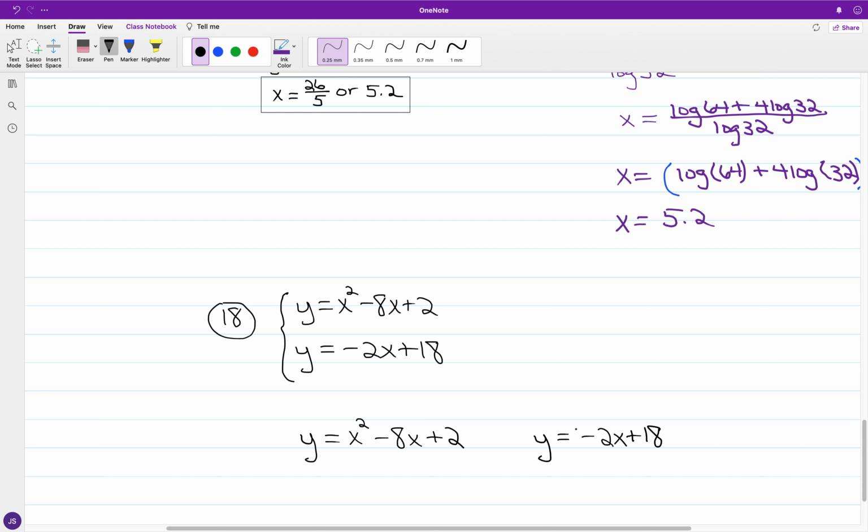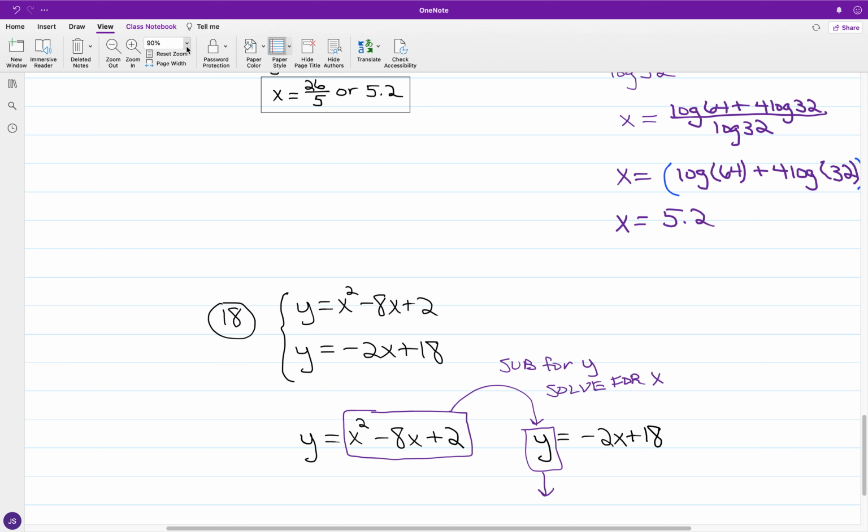and any variable that is isolated, okay, we can substitute for in the other equation. Okay, so you have from the first, I have x squared minus 8x plus 2 to represent y. And here, so I can substitute for y this expression, and solve for x.